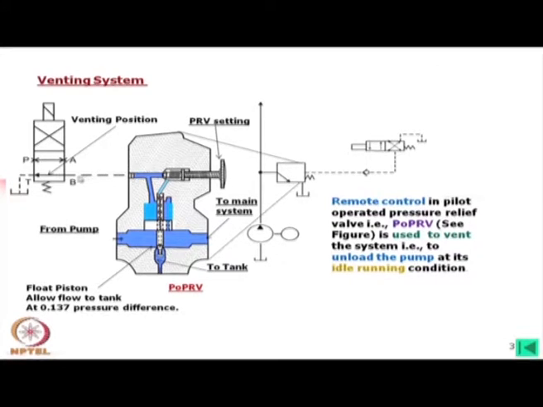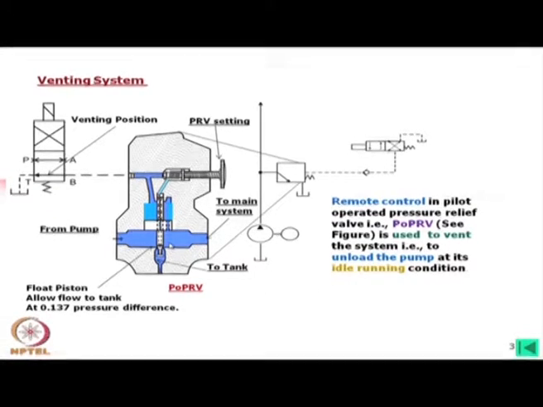Once oil starts flowing there, again this will open, and this oil will go to the tank. That means at that time the pressure may not be the set pressure; it may be below the set pressure. Usually it is the ideal condition when we need to vent the oil.